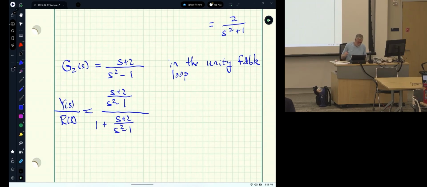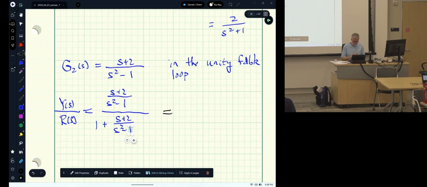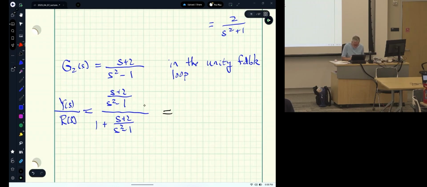And in the beginning, students go, oh my God, one rational function over another. But as we've seen, it is so easy to clear the denominator and the top and the bottom by just multiplying, because we're always putting g of s over 1 plus g of s. We just multiply by d of s. We just multiply by s squared minus 1 over s squared minus 1.